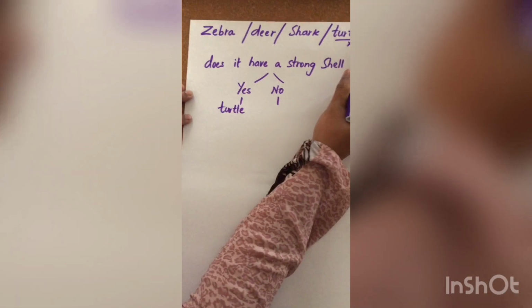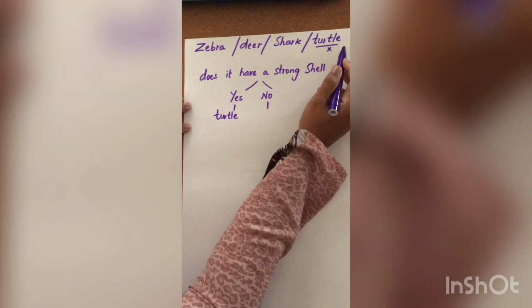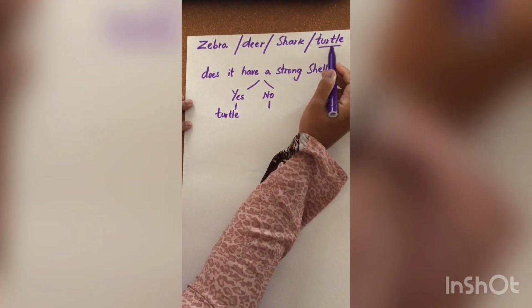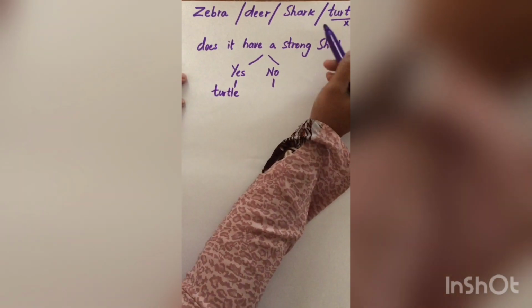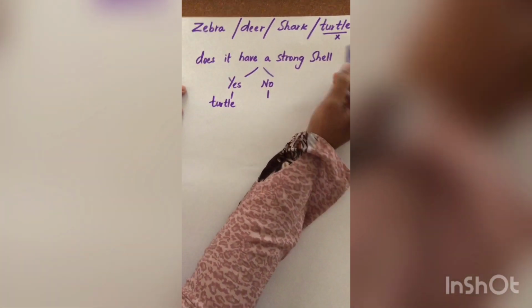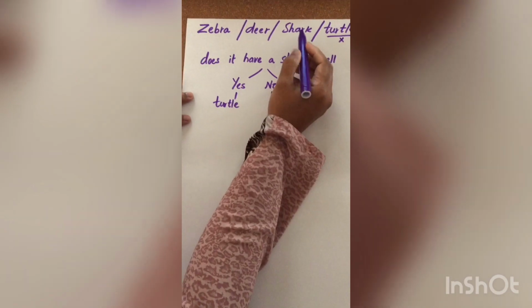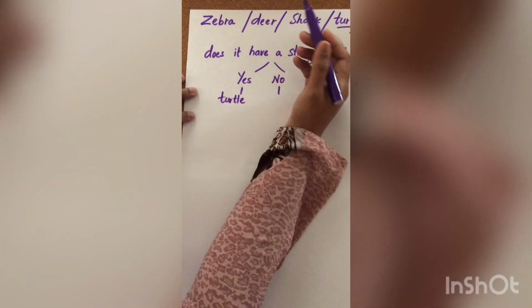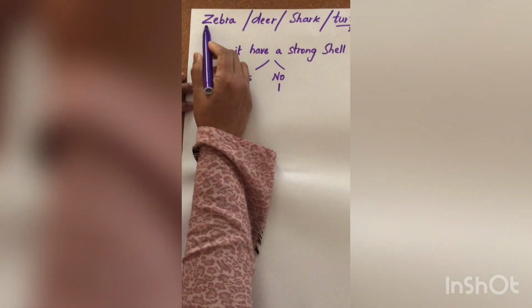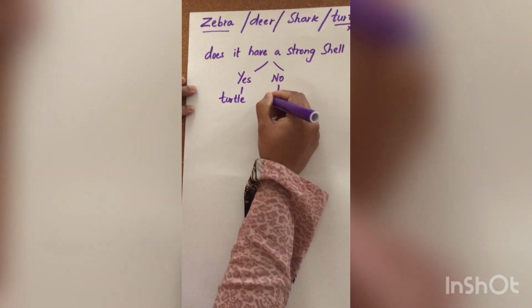We can also use the flippers. You remember the habitats lesson when we were learning the difference between turtle and tortoise? So flippers also you can use. Now shark or deer or zebra, anything you can use. For example, I may use here zebra.